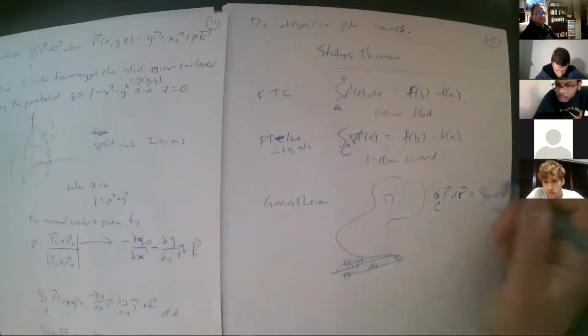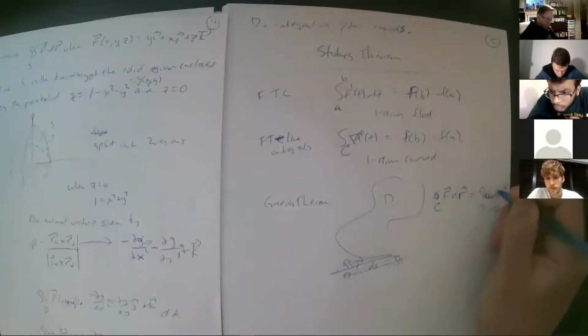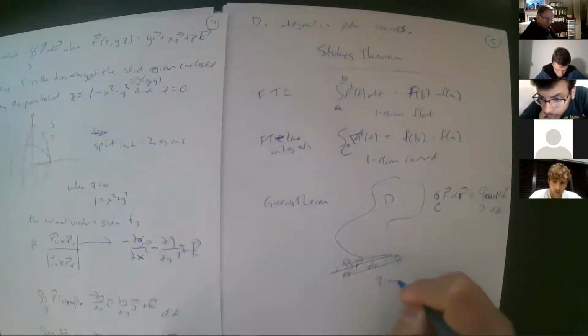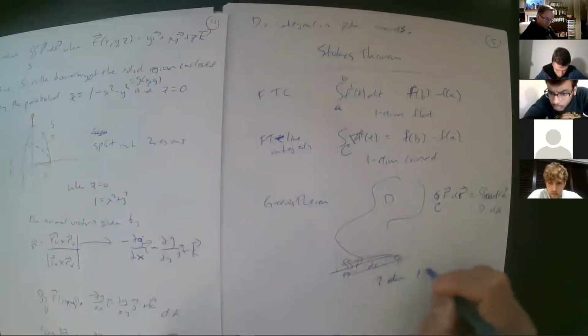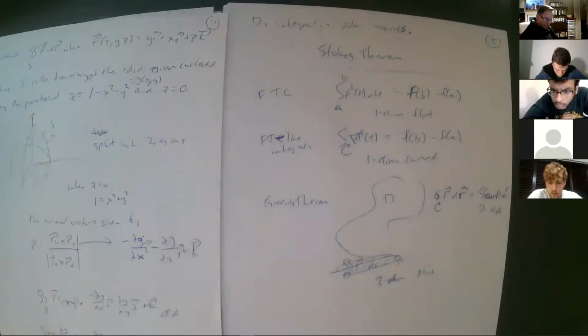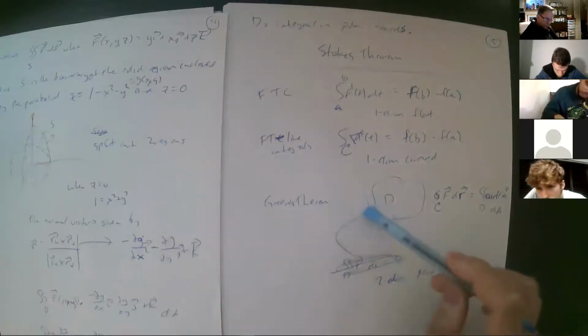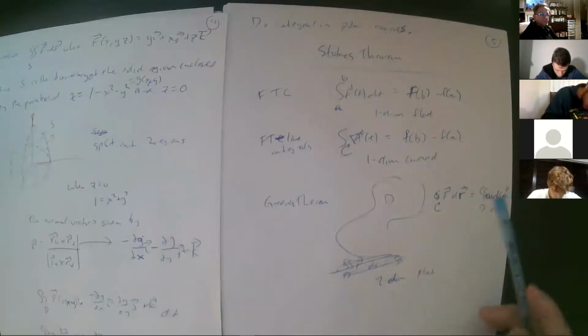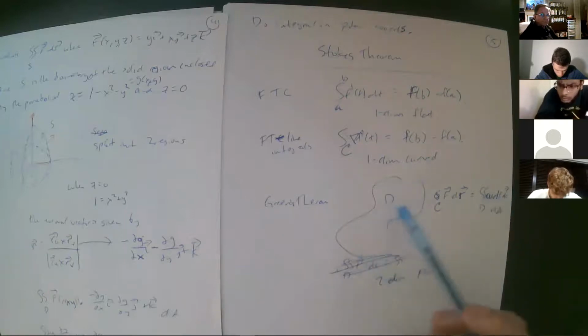Didn't write that in a good spot. So this allows us to talk in 2 dimensions now. This is 2-dim, flat. It says the integral over the curve outside, the exterior, is equal to the integral of the interior of the curl.